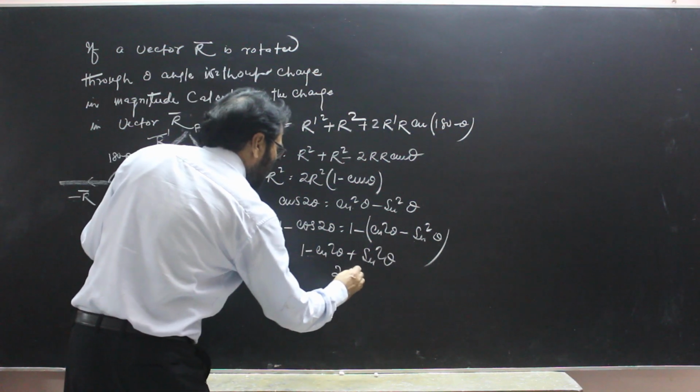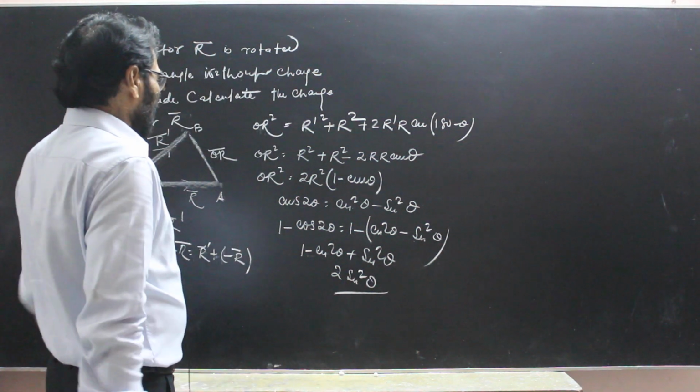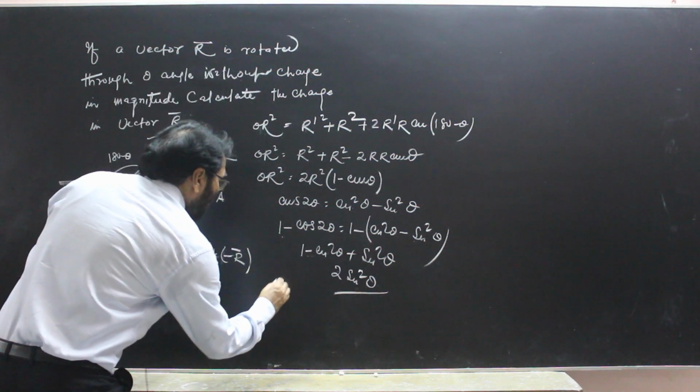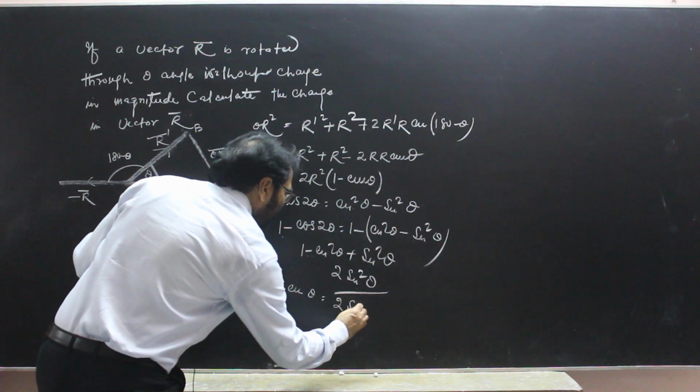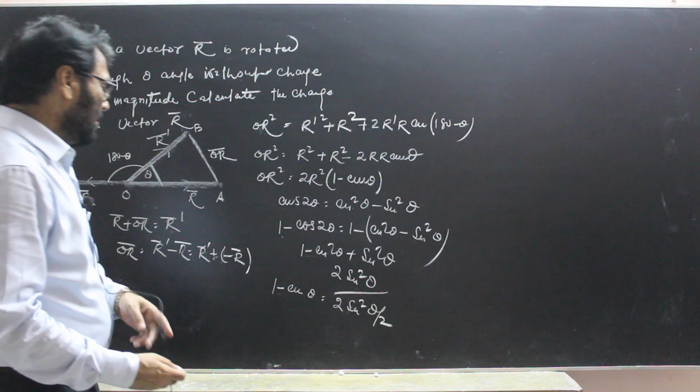So it is 2 sin square theta. So 1 minus cos 2 theta is 2 sin square theta. Hence 1 minus cos theta is 2 sin square theta by 2.